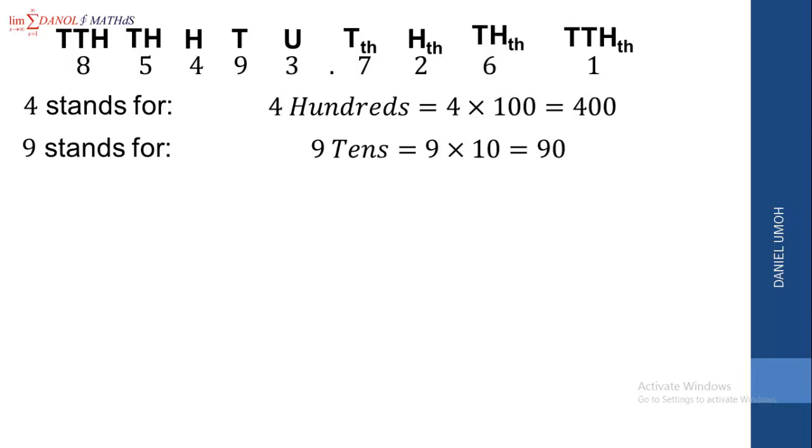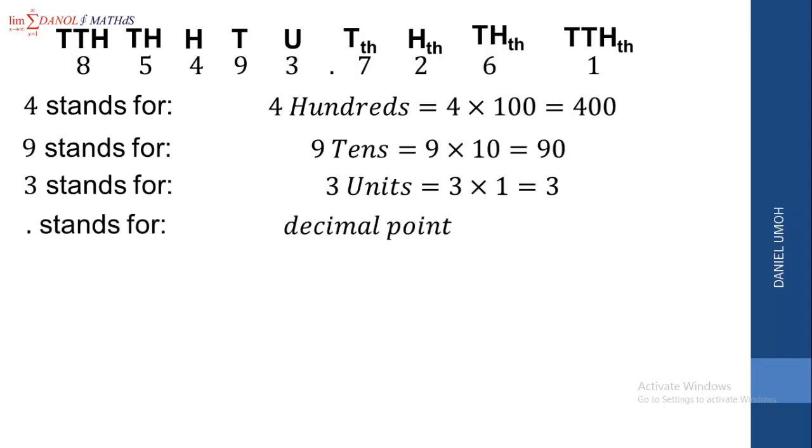So that gives us 9 times 10, and it gives us 90. Then the next one there is 3. 3 stands for 3 units, because it is placed under the unit position. So 3 units means 3 times 1, because unity means 1. So 3 times 1 is equal to 3. The decimal point there stands for the decimal point, which is obvious.